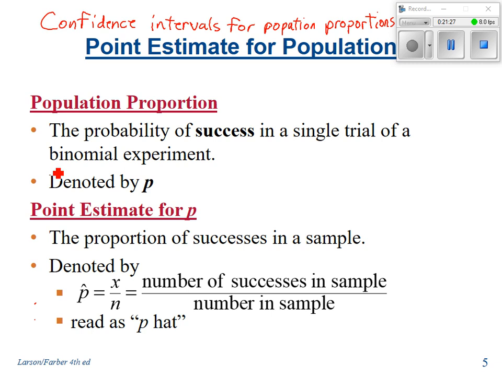Now the bad thing is, on the symbols test, you're not allowed to write P-hat. You gotta tell what it is. It's the proportion of successes in the sample. What's the proportion of successes?